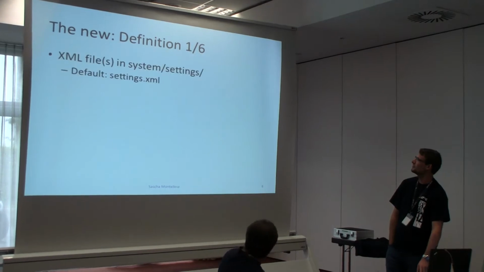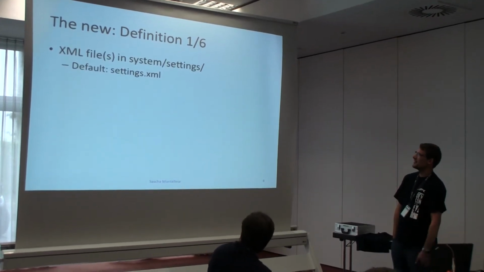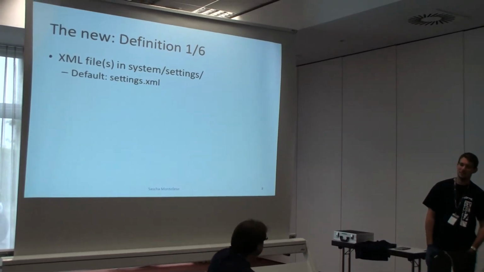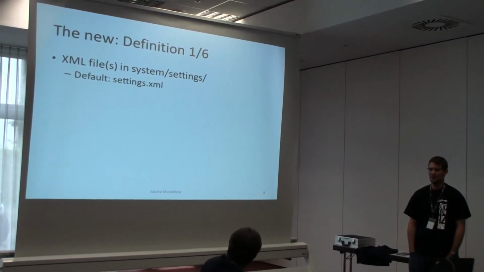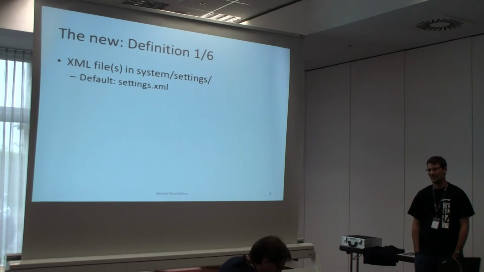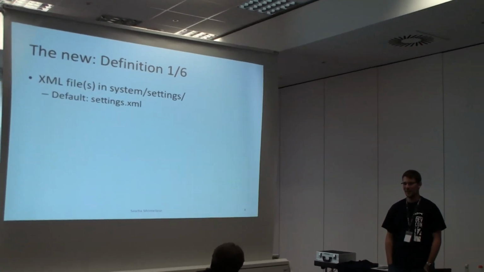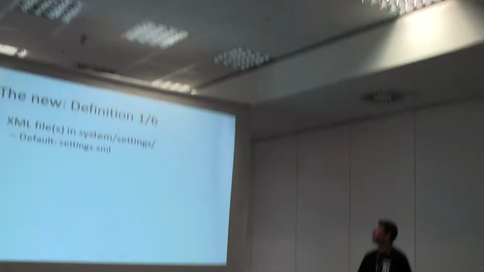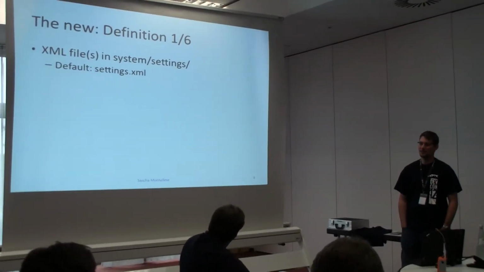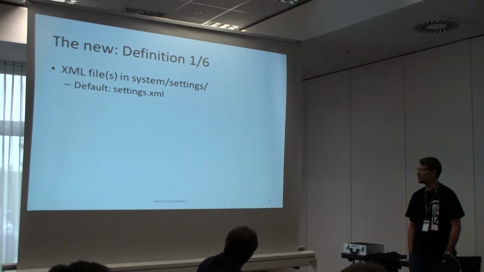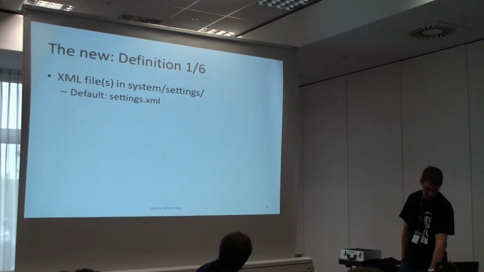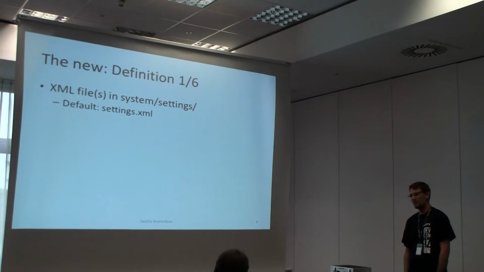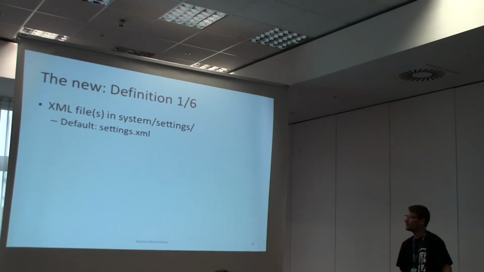So the new setting system, now the setting definition happens in an XML file. It's a bit easier to read than the ten overloaded AddString methods. There's a lot of text in there, but it's just easier to read. I have a few examples later. You have a default file, settings.xml, where you can throw in all your settings definitions.